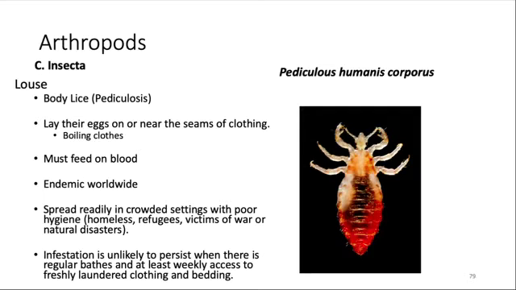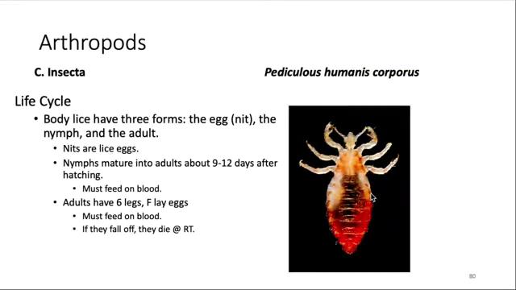And so the scientific name is Pediculus humanus corporis. The corporis refers to the body. Humanus, it's a human body louse. And you can see one here that's engorged with a significant amount of blood.